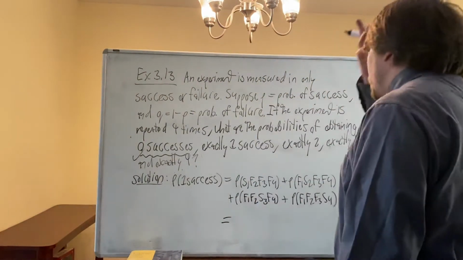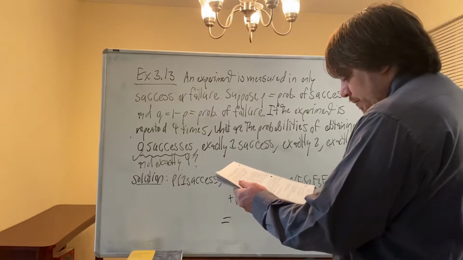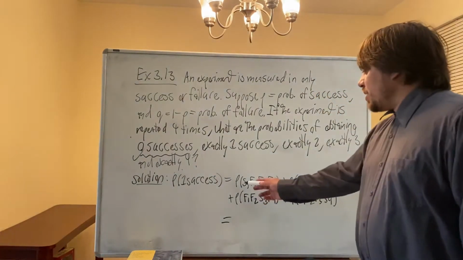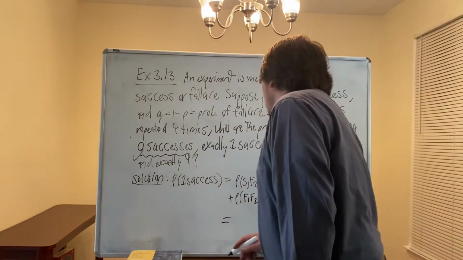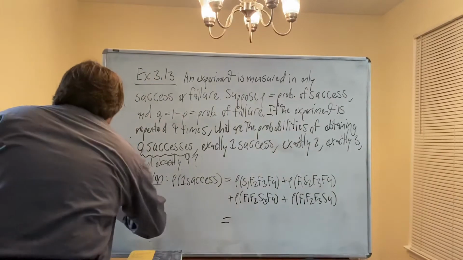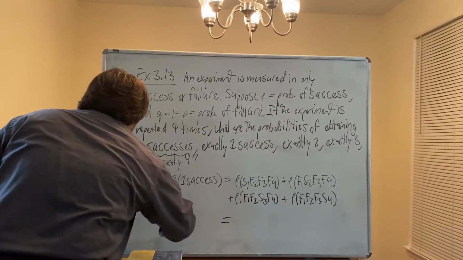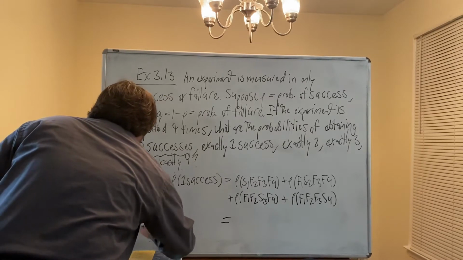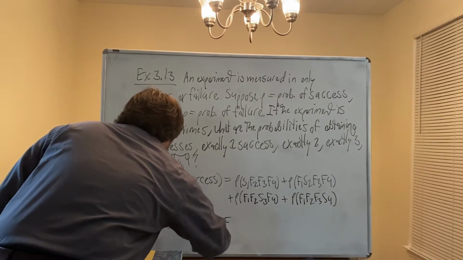And so you just find these probabilities, and for each probability, this would be the probability of succeeding 1 time and failing 3 times. So let me write something here. The probability of S1, F2, F3, F4 would equal the probability of S1 times the probability of F2 times the probability of F3 times the probability of F4.